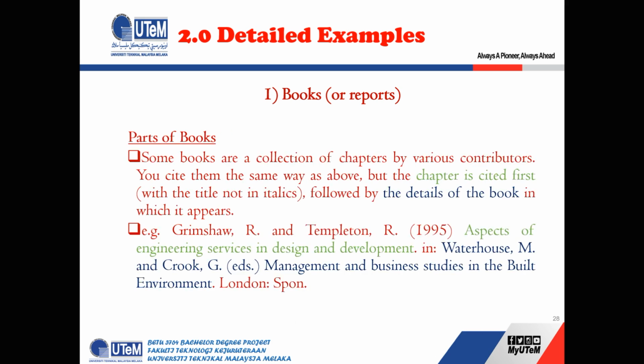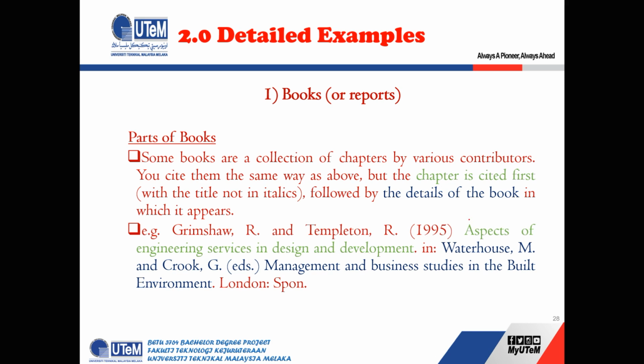Okay, so if there are books and parts of books, let's say you are citing or giving a reference to a particular specific section or chapter of the book, then you have to mention that in the reference as well. For example, let's take this example. Grimshaw is the author and Templeton, 1995 the date, and then Aspects of engineering surface in design and development.